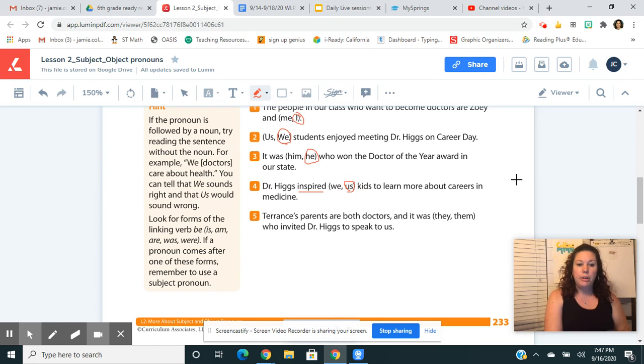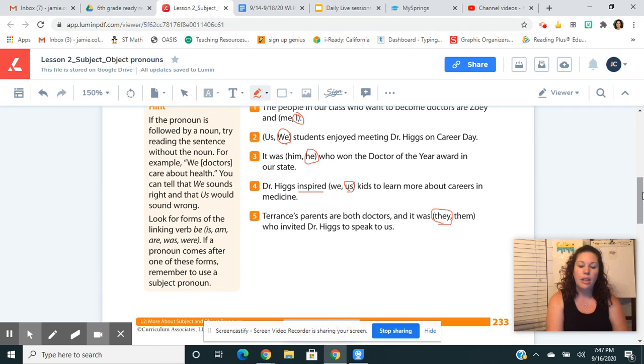Okay, the last one, number 5. Terrence's parents are both doctors, and it was they who invited Dr. Higgs to speak to us, or Terrence's parents are both doctors, and it was them who invited Dr. Higgs to speak to us. So are we going to use they or them? Did one sound better than the other? Sometimes we use the inappropriate pronoun when we're talking. So the answer is they.